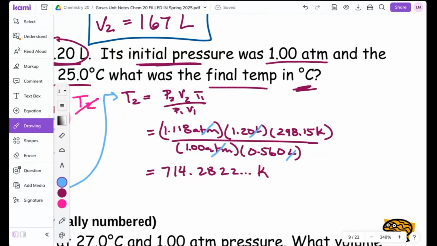What we need to do now is subtract 273.15 to convert from Kelvin into degrees Celsius. So when we subtract 273.15, we get 441.1322, number keeps on going on. So this is degrees Celsius.